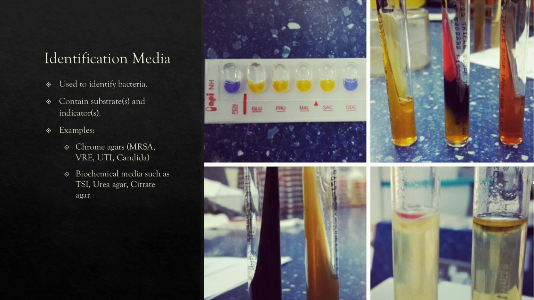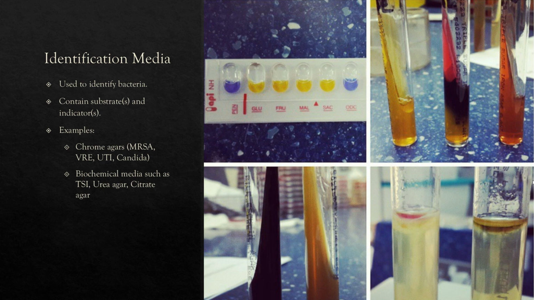On the lower left, you can see bile esculin agar. The black color of the medium indicates a positive reaction, and it is Enterococcus that hydrolyzes esculin. That's why the color of the medium changes to black. And the other one indicates a negative reaction. The lower right picture is of the indole reaction, and the tube which shows haziness is motility positive, and you can see the change in color on the surface, which is pinkish red.